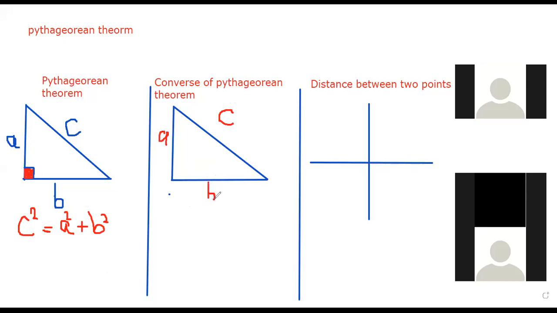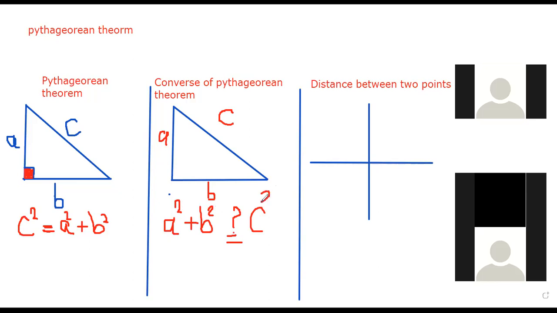But in the Pythagorean theorem, I wrote that they are equal, right? In the converse, I'm going to write a square plus b square, and in the middle I'm going to put a question mark, because I don't know if they are equal or not, compared with c square.